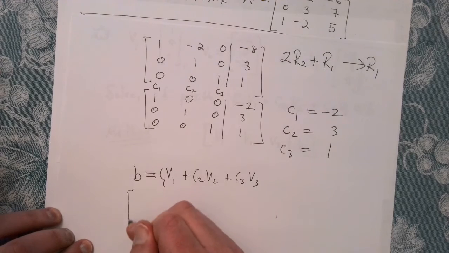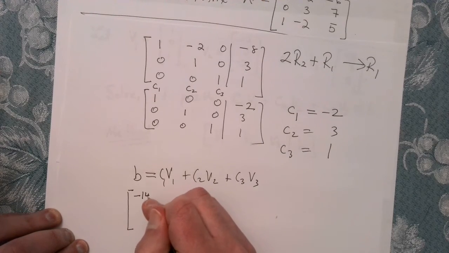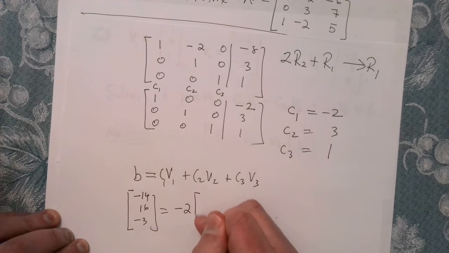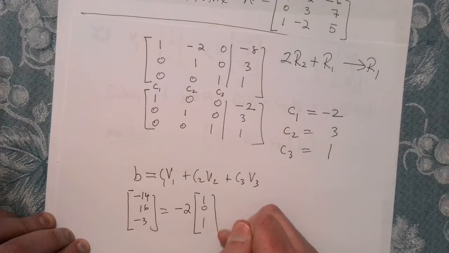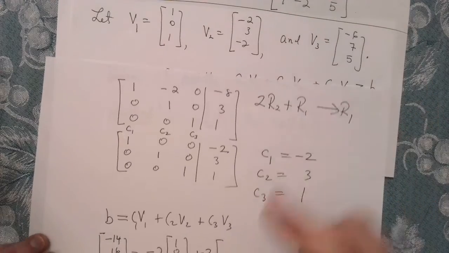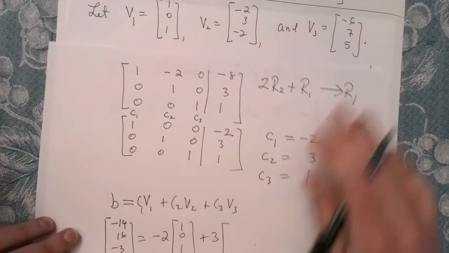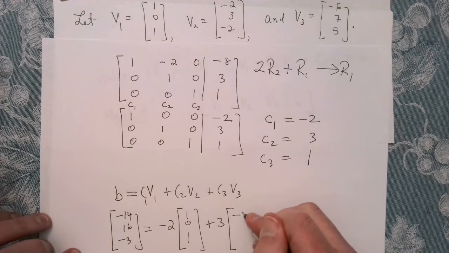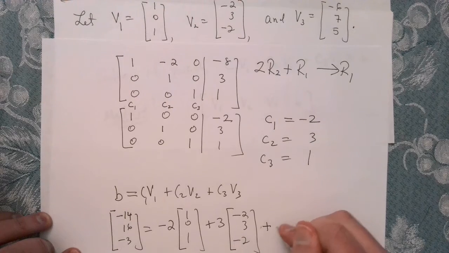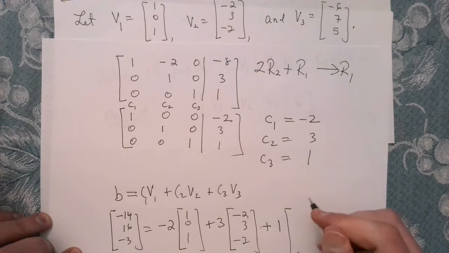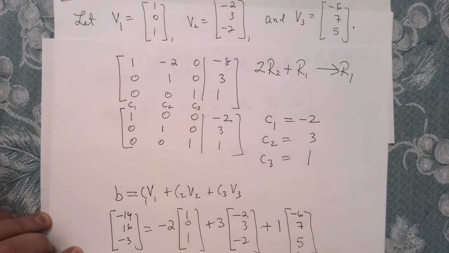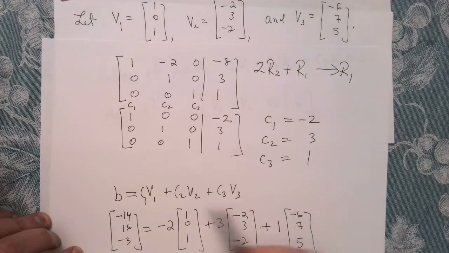And so to address the question, that would be B is equal to C1 times V1 plus C2 times V2. And V2 we said was what? -2, 3, -2. And then C3 was 1 times V3. So that addresses the question. If possible, express B as a linear combo of the columns. We did. So that would be the answer.